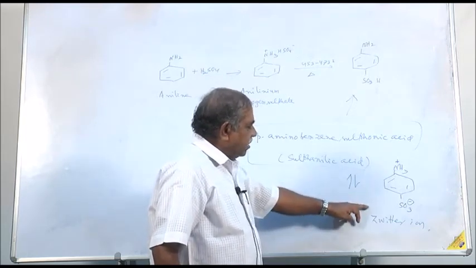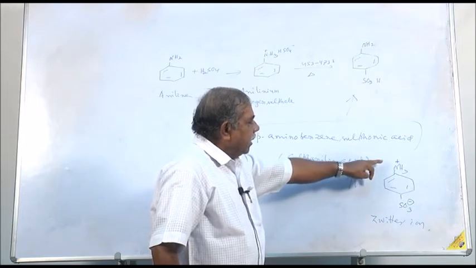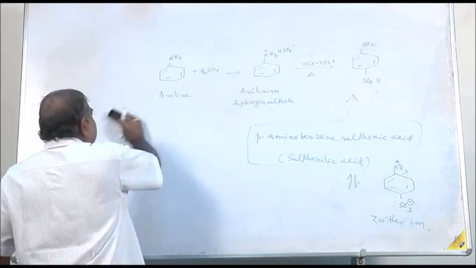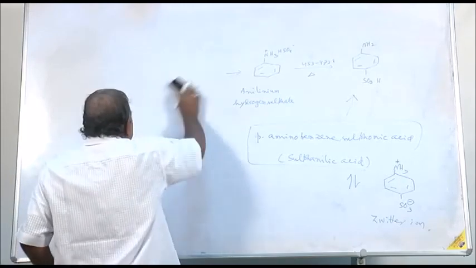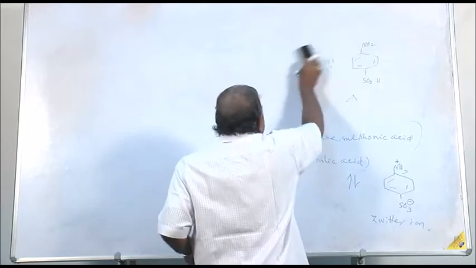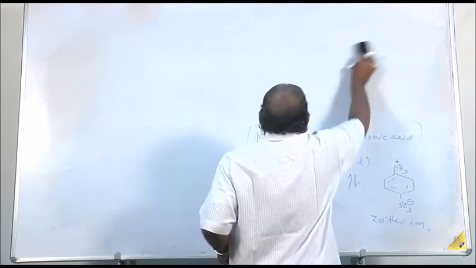This compound exists as a zwitterion. There is a positive part and a negative part. So this is the second category of electrophilic substitution. The last one is nitration.